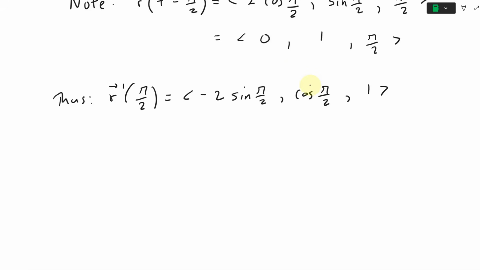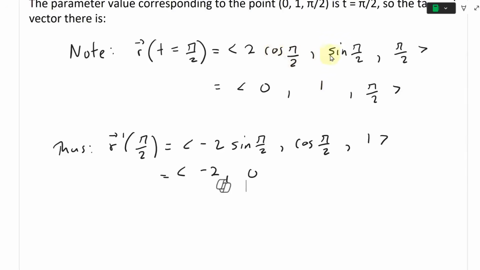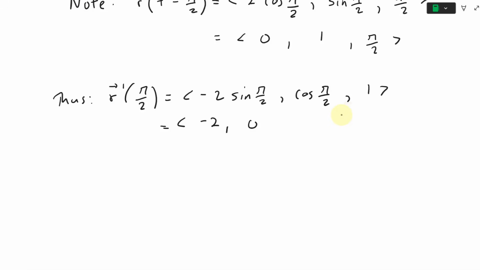So this equals negative 2 for the first, then 0, since cosine pi over 2 is 0, and then lastly 1. So negative 2, 0, and 1.